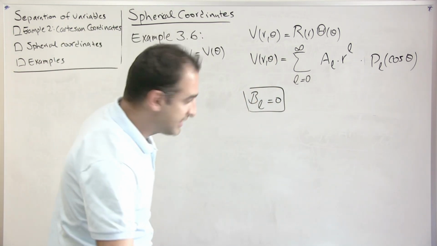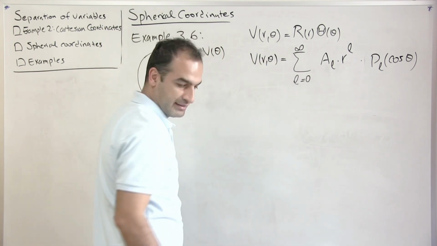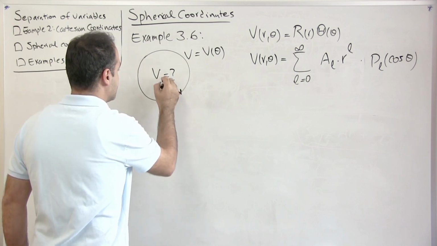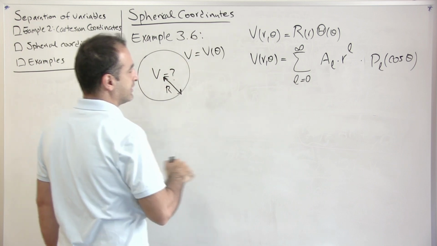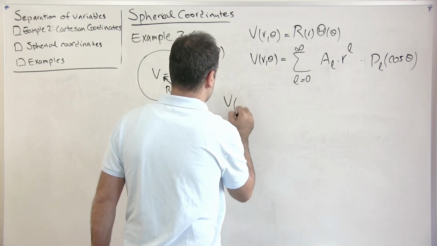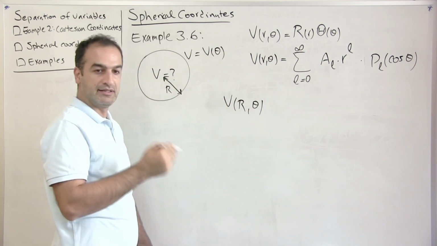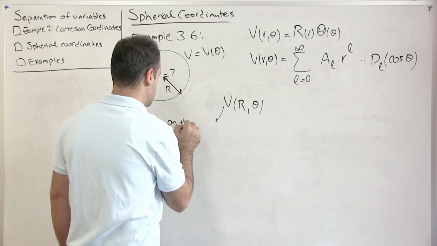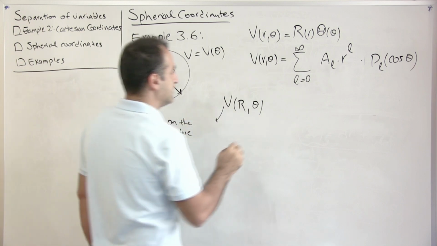What that means is that if R equals the capital R, let's say the radius here, then we know that V should be V of theta. Okay, so I'm going to say V of R and theta is the boundary on the surface. Okay, so this is the potential on the surface.